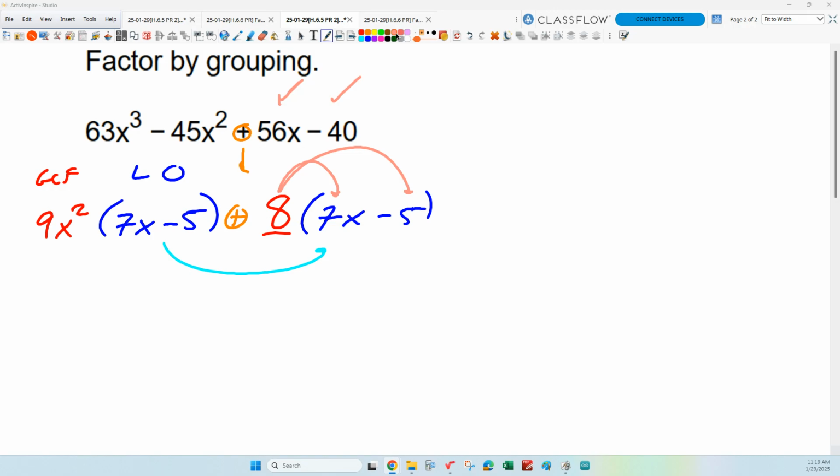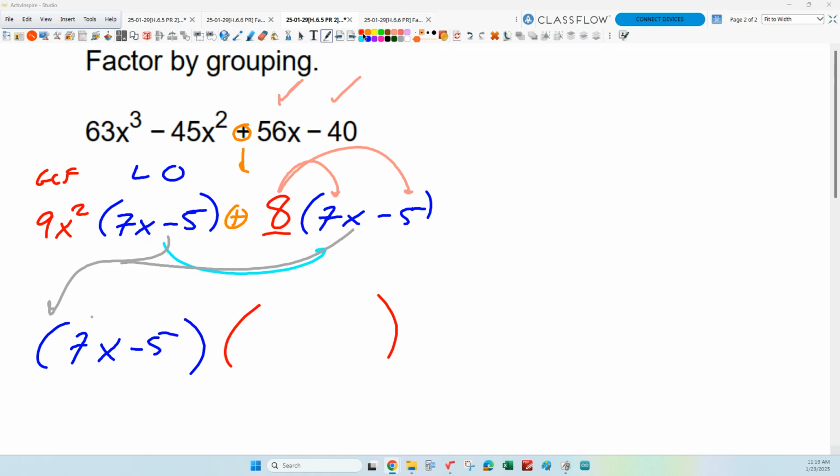is to factor out what? You factor out common factors, right? What's the common factor in each of those two terms? 7x minus 5. So we are going to factor out 7x minus 5, which leaves behind what?